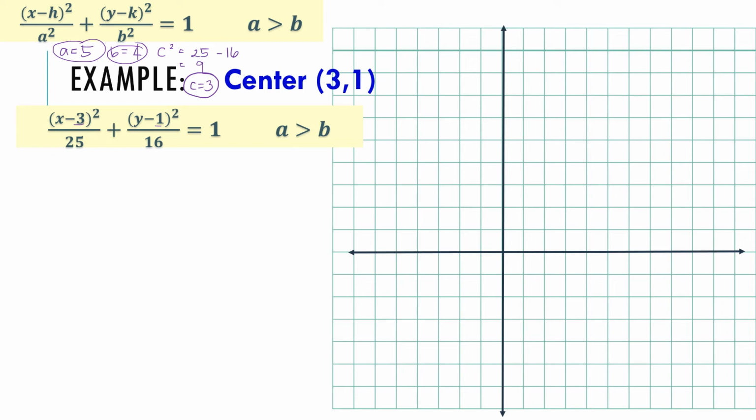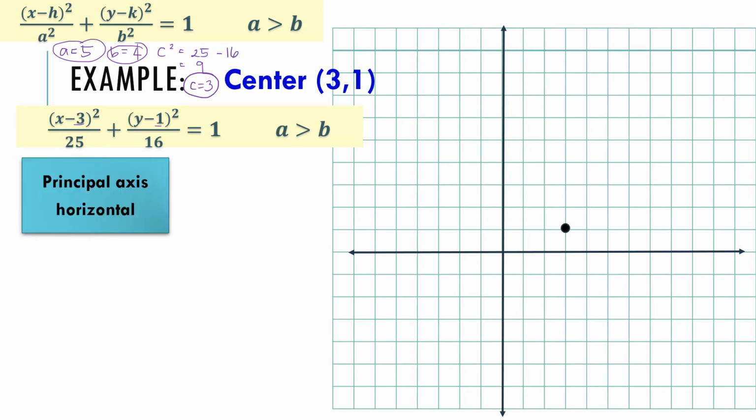Okay, so where is our principal axis? Horizontal, because our a is with x. This is our center, the black point on the graph. Next, vertices. The vertices are (h plus or minus a, k). Our h is 3 plus a, which is 8.